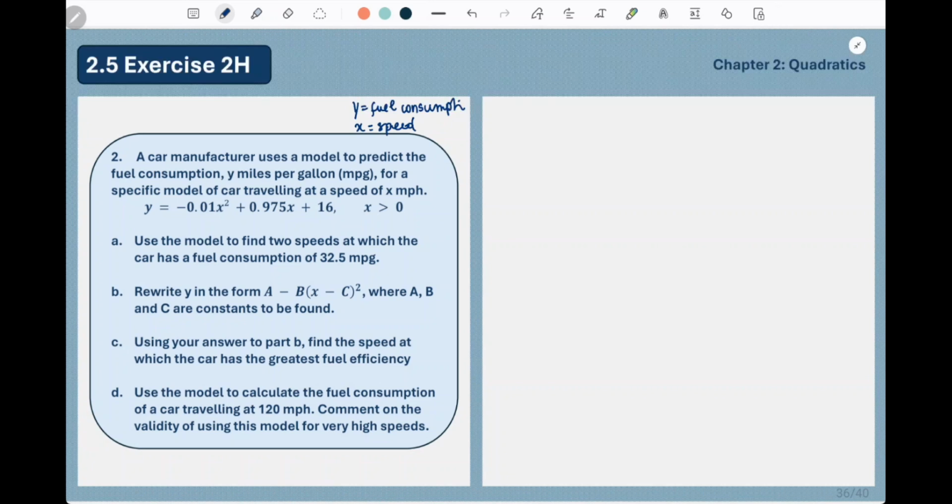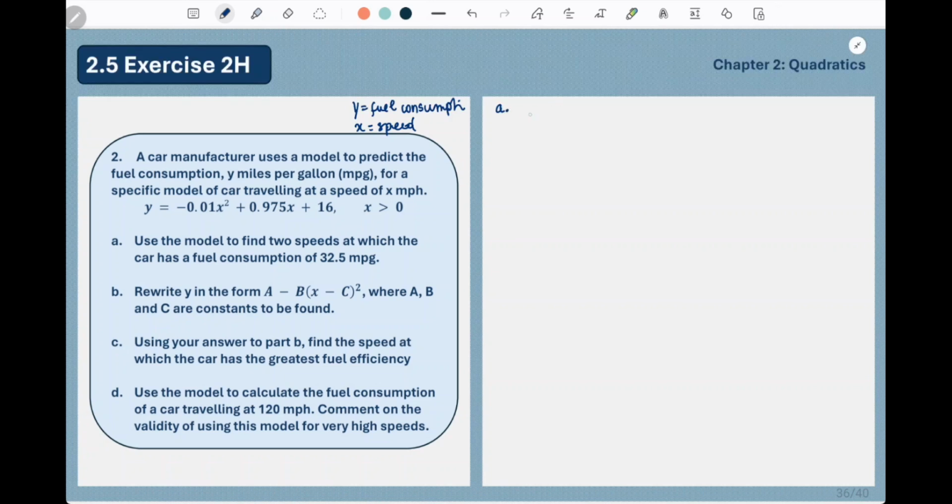And the quadratic equation is representing this kind of relationship. So we use the model to find two speeds at which the car has a fuel consumption of 32.5 miles per gallon. So again, y is the fuel consumption, so we would solve for y equal 32.5.